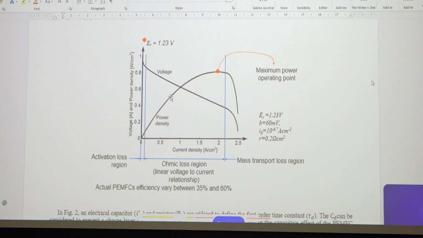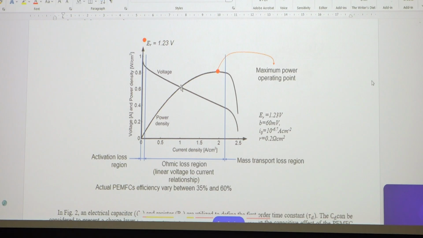If we multiply each point, P equals VI, so multiplying the current and voltage at each point, we can easily get this power characteristics curve. The intersection between the VI and PI characteristics curves, here we can see this is the intersection point. This point defines the optimal operating point of this fuel cell.